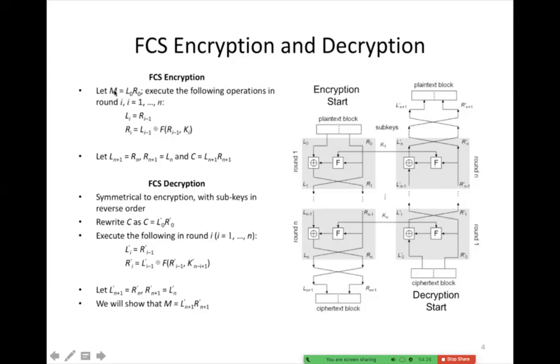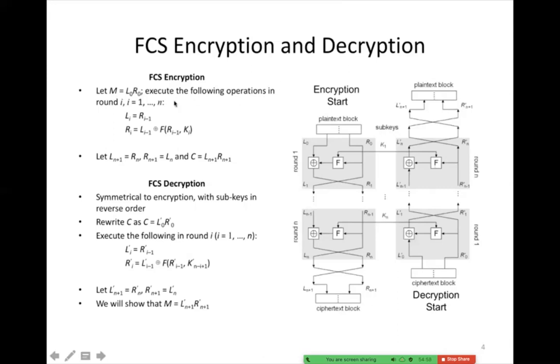Sometimes we use M to indicate the input string. Sometimes we use M to indicate a block from the input string. We don't want to put a subscript there, M sub I, because if we do that, then we have to say L sub I0 and R sub I0. That will be cumbersome.